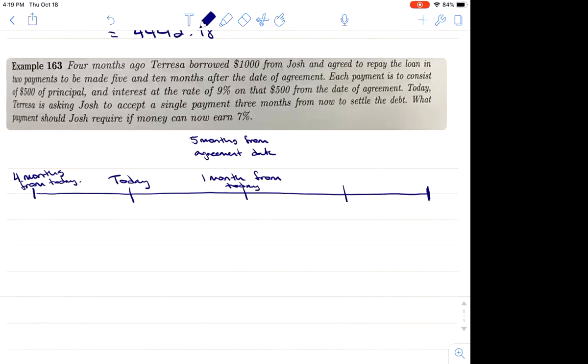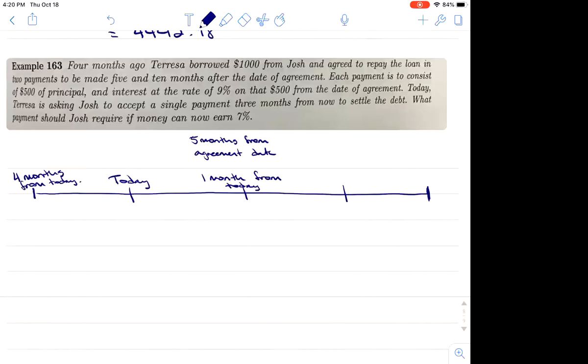And then I'm gonna make a single payment 3 months from today, right? So I suspect that the last payment 10 months from the agreement date is gonna be the last tick, because 10 months from the agreement date is what, 6 months from today.